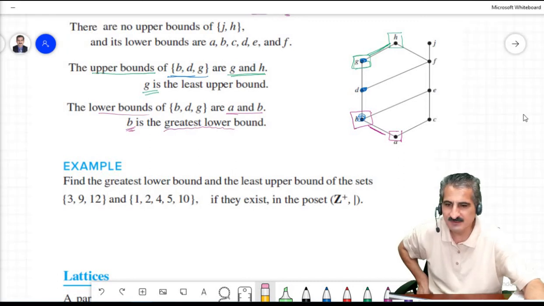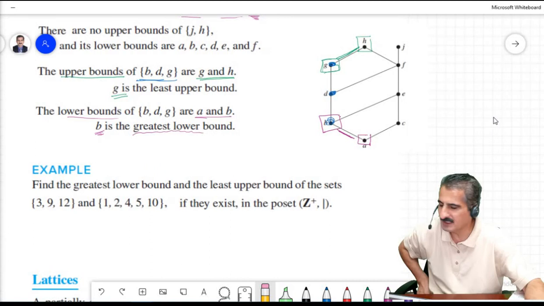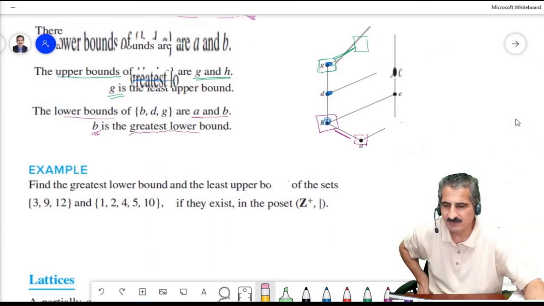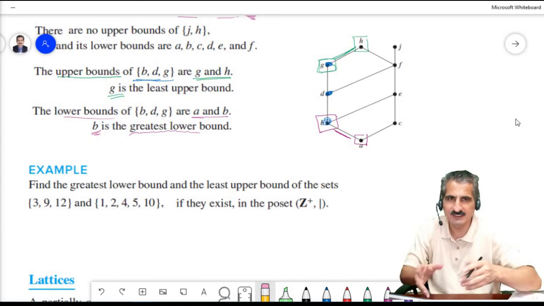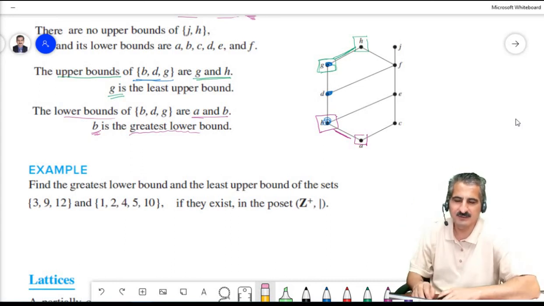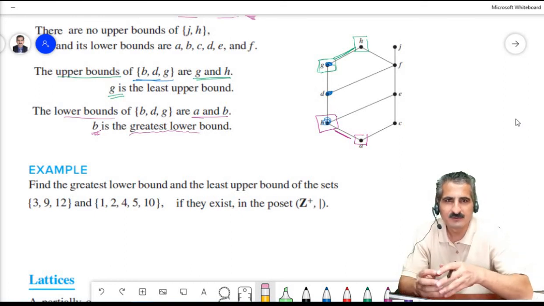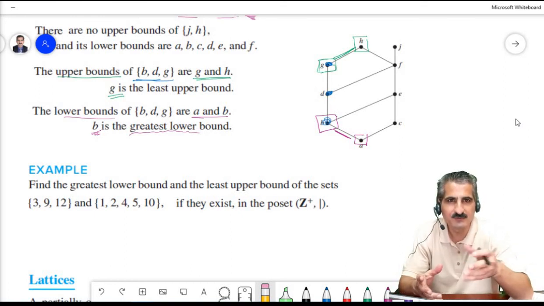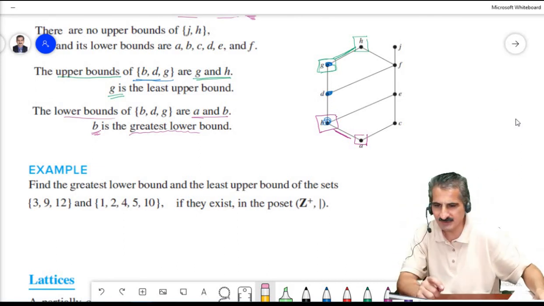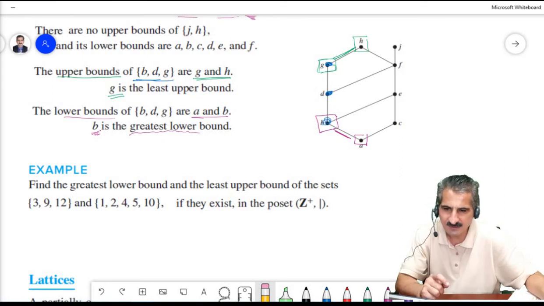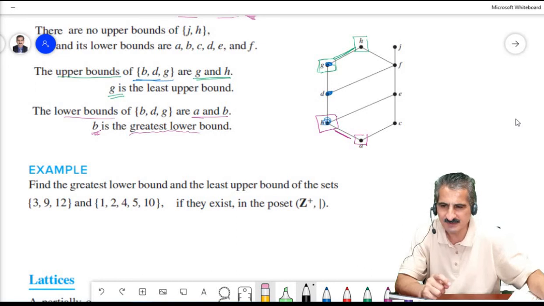The greatest element and the lowest element have nothing to do with choosing subsets from the whole set S. They are greatest or least elements with respect to the whole set S. So can you answer me now, let us start, what is the greatest element in this set?